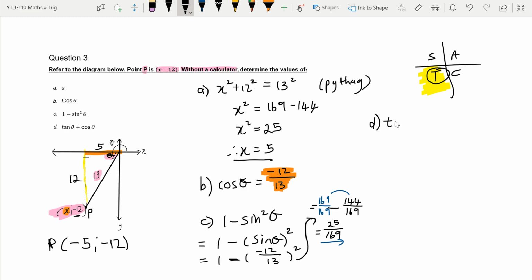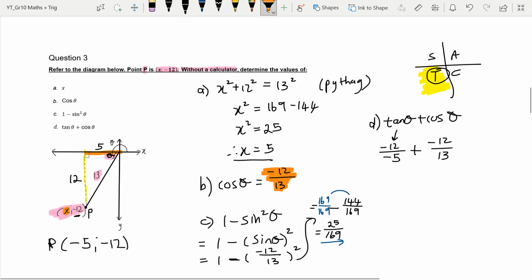Now we've got the value for tan theta plus cos theta. Tan theta, the value for that will be opposite over adjacent. So we replace that with opposite over adjacent, plus the cos we already worked out in B. Do you see why our tan there is positive?